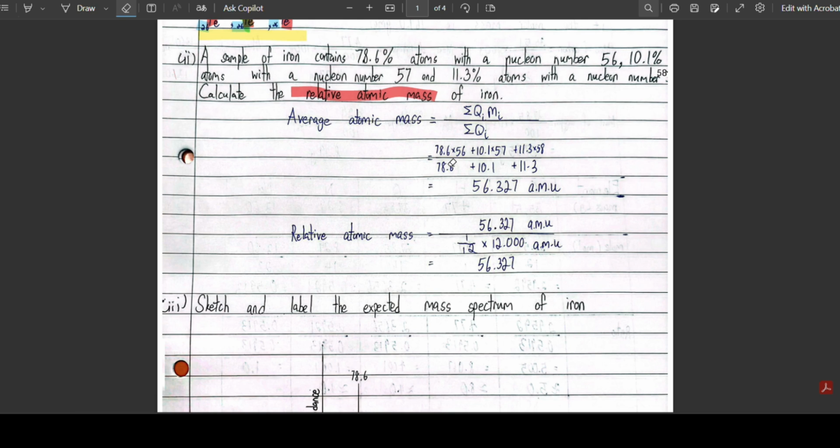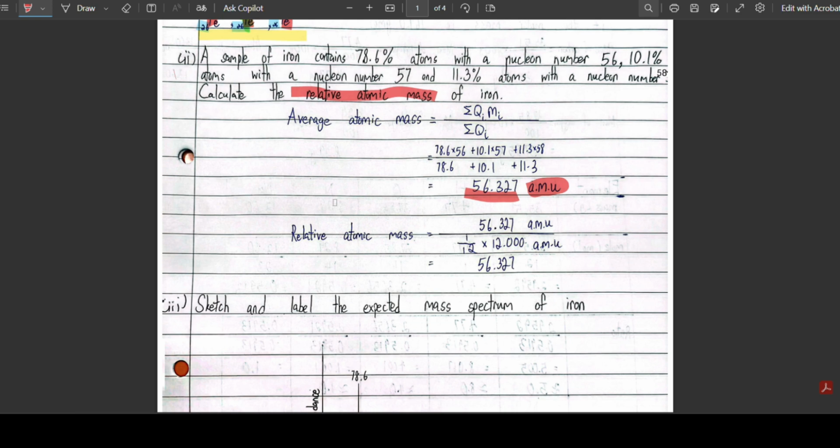And for the next step, we will substitute the values into the formula. Then we will get the answer, which is 56.327. We need to remember to write it in 3 decimal places, and don't forget to write out the unit also.